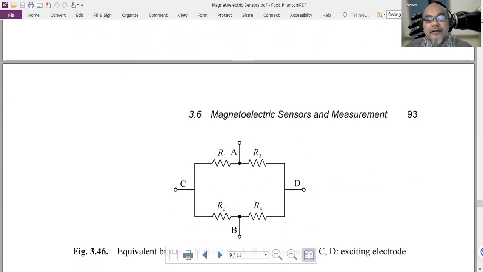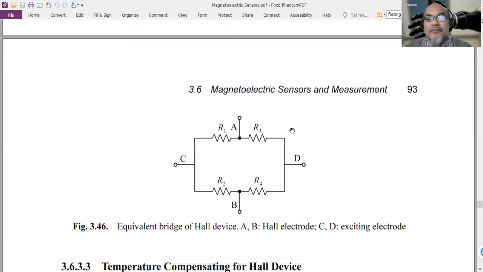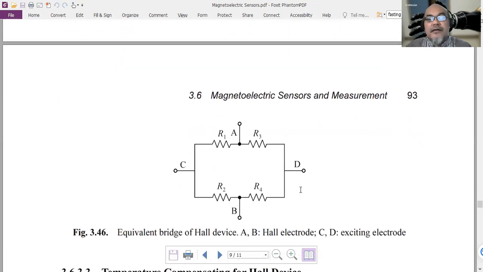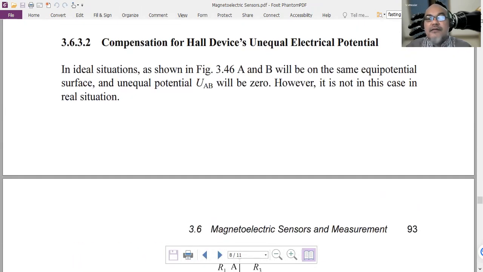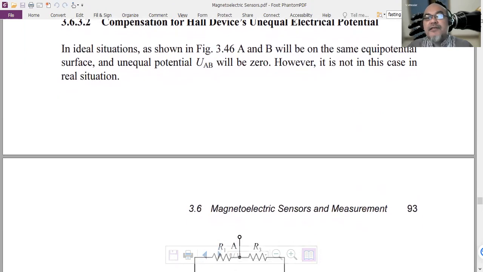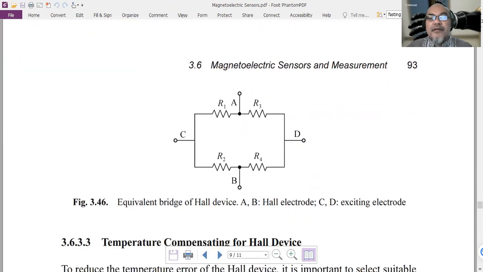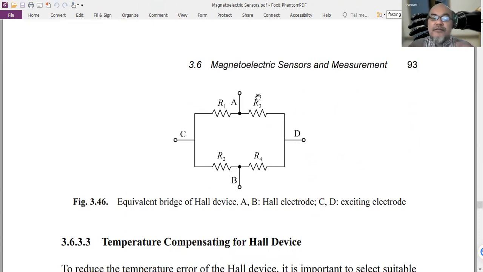This is where we use a bridge, similar to a Wheatstone bridge, used to compensate when there is unequal electrical potential. In this situation, A and B should be on the same equipotential surface where we measure. So the Hall electrode at the beginning should be zero, with no magnetic field.